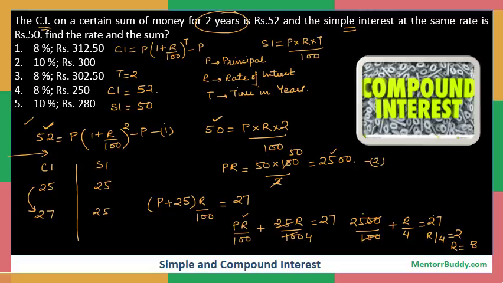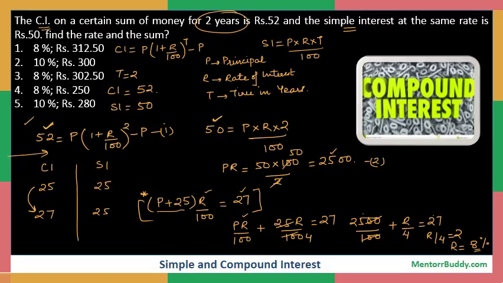So my R becomes 8%. In this entire process, the only thing to understand is this particular step, wherein we have used the amount for the first year, that is P plus 25, and multiplied it with the rate of interest to get the interest for the second year. By using this concept, we have reached the conclusion that the rate of interest is 8%.